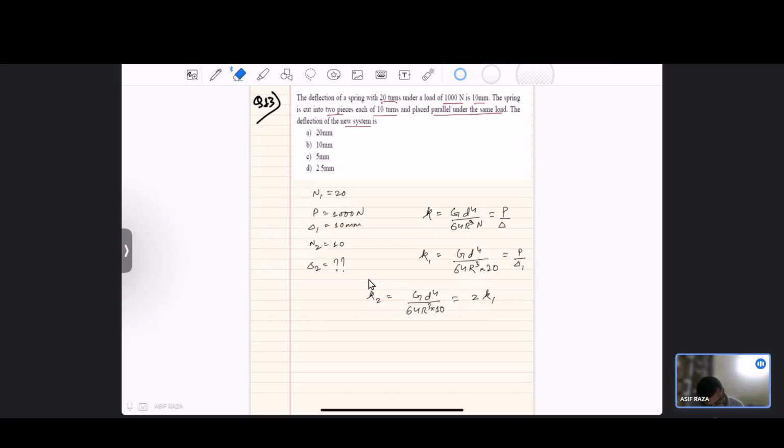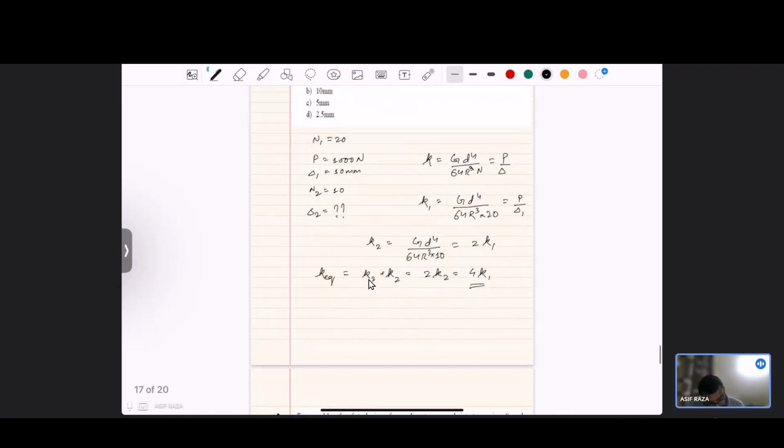Now for the second case, since it would be in parallel, K equivalent would be equal to K2 plus K2, that would be 2K2, and this comes around 4K1, right? Now this K equivalent would be equal to P by delta 2 with the same load.